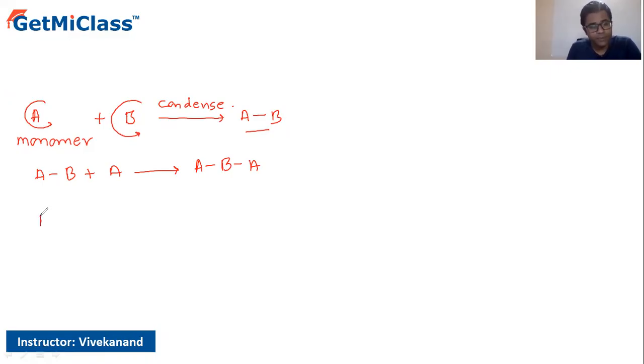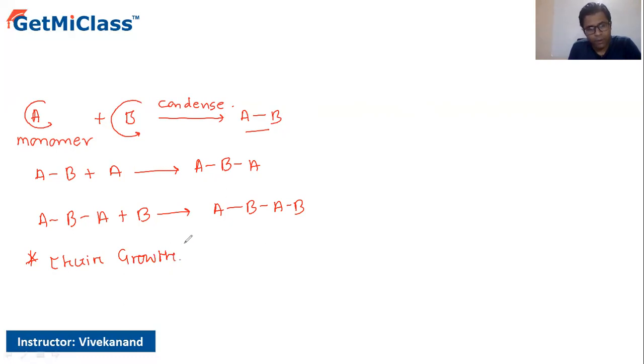This process goes on continuing in order to give us a huge chain-like structure, and hence this process is also called chain growth, or you can say step growth polymers. So this is the way that we can explain it in the first method.